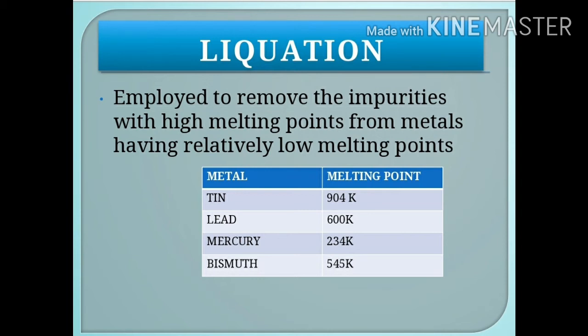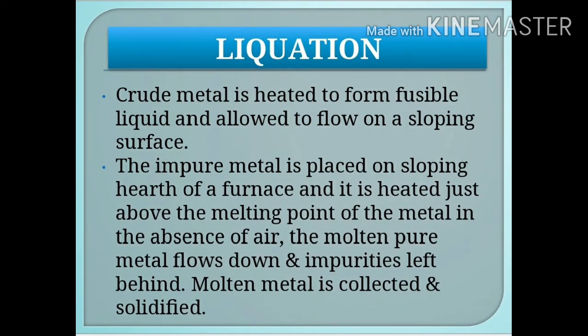Some of the metals and their melting points are given here: tin 904 Kelvin, lead 600 Kelvin, mercury 234 Kelvin, bismuth 545 Kelvin. This can be heated to form a fusible liquid. Fusible means easily melting, and this is allowed to flow on a sloping surface.